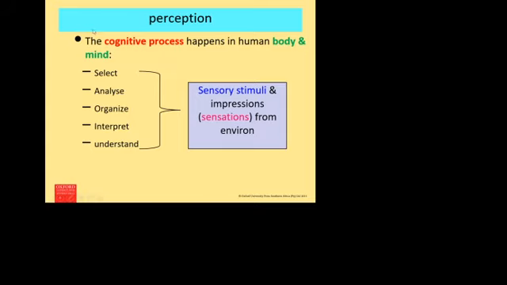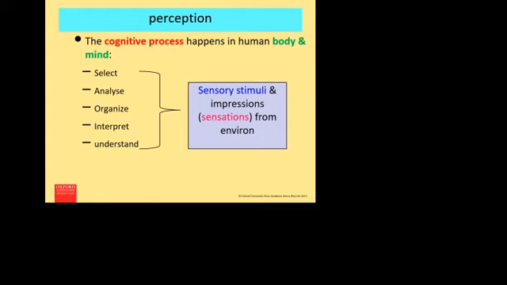Perception is a cognitive process that happens in the human body and mind. While we sense the stimuli outside, our mind interprets, organizes, selects, and tries to understand what happened outside and inside.